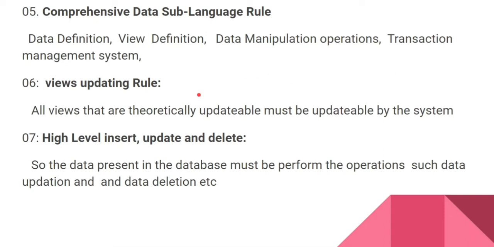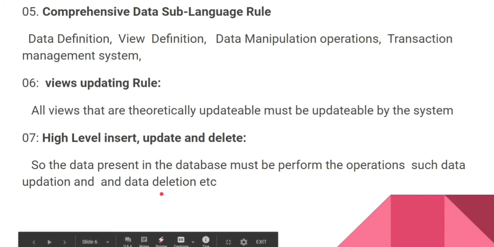So number 7, we have high level insert, update and delete. When we are able to insert data in the database management system, the data present in the database must support operations such as data updation, data deletion, and data insertion.